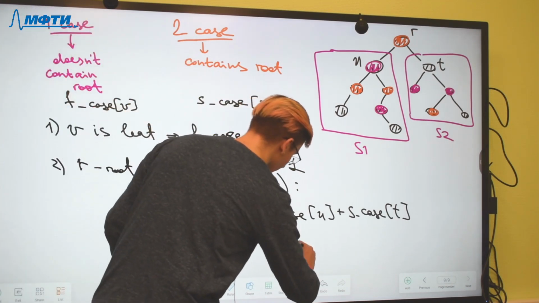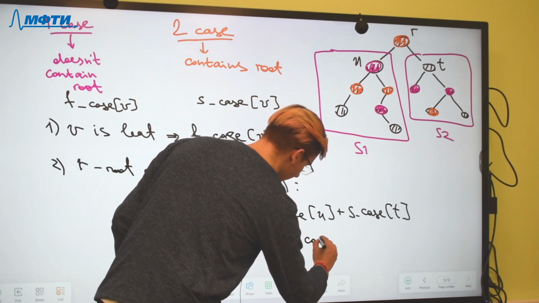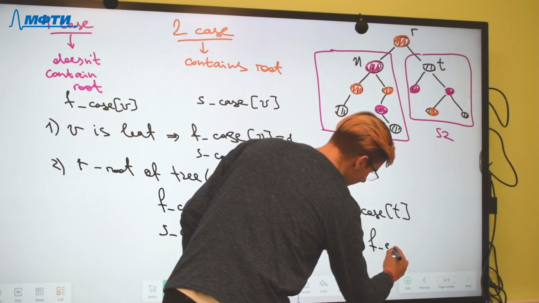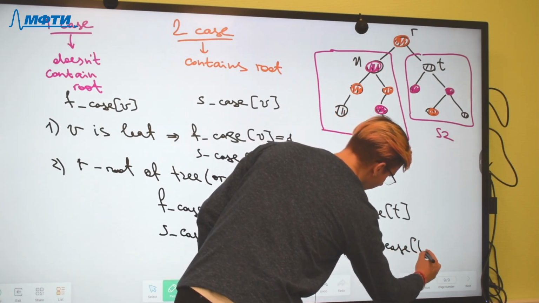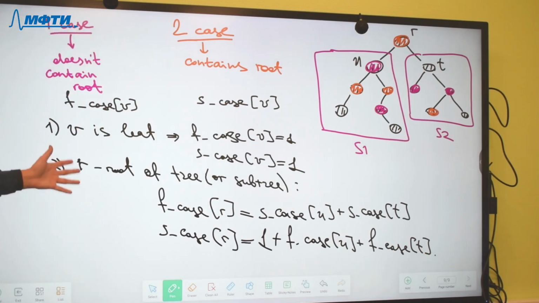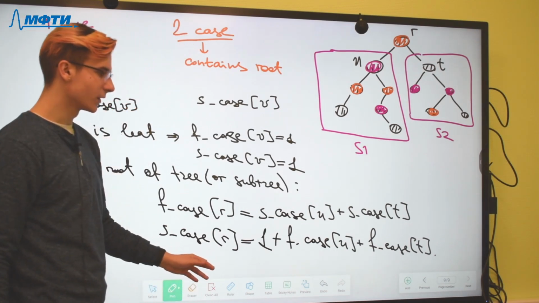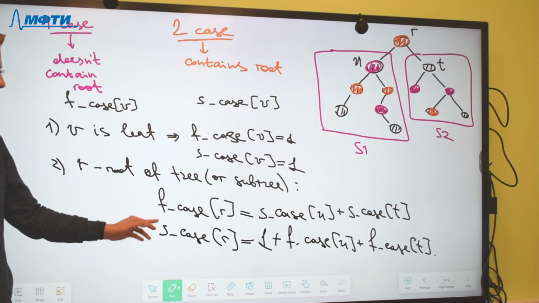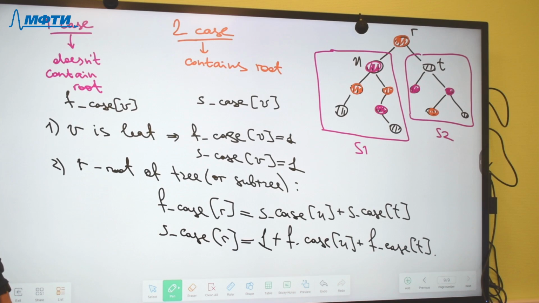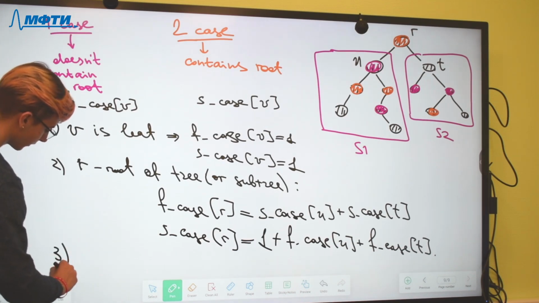So the second case is 1 plus the first case of U plus the first case of T. And that's a recursive formula for computing these two arrays.